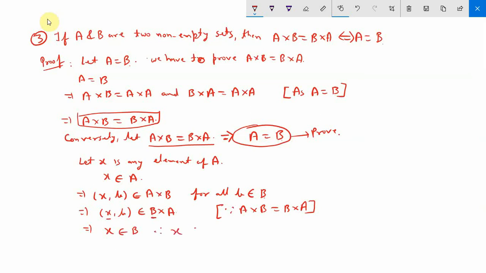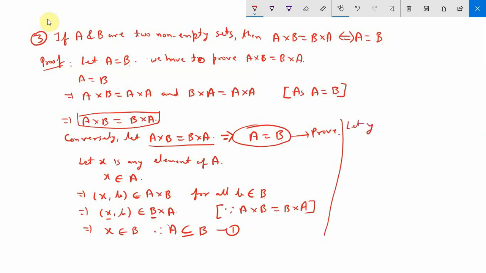Therefore, X is an element of A implies X is an element of B. It implies that A is a subset of B. This is our first one. Then we will take another element.